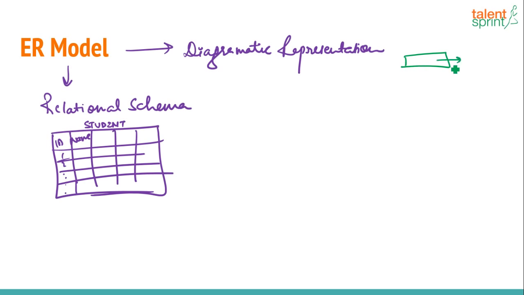Say entities will be represented like this, attributes will be represented like this, some conditions or relations will be represented like this, right? Then you also have different lines. So single line means this, line with an arrow means this, a dotted line means this. All these notations are present to create the ER model.